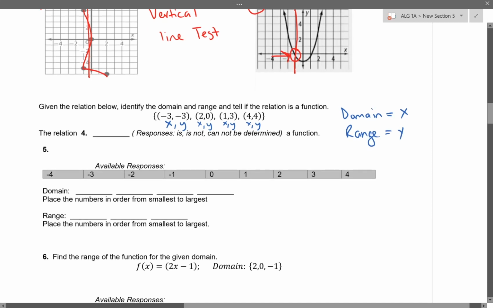So let's jump down to number 5 before we jump into 4. So number 5, what are my domains in this problem? Well, I have -3, I have 2, I have 1, and I have 4.